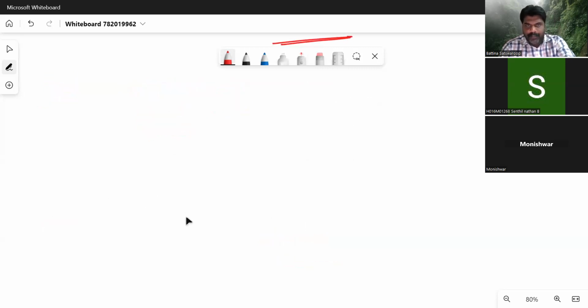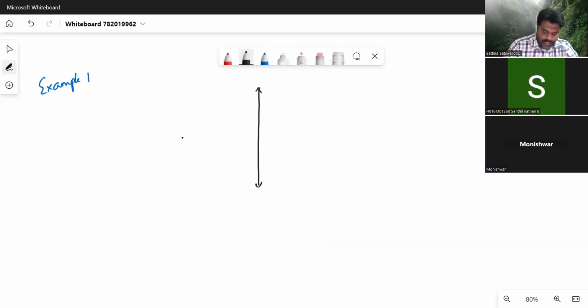Next, see example 1. They are just giving you some graphs and asking you to tell the number of zeros. I hope you can do this one. How many zeros are there here? 1. Very good. How many zeros here? 2. Very good. How many zeros? 3. Very good. How many zeros? 1. Very good.